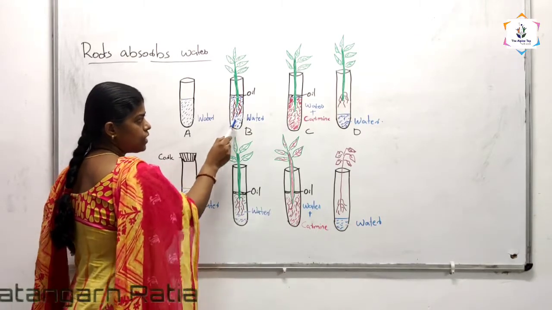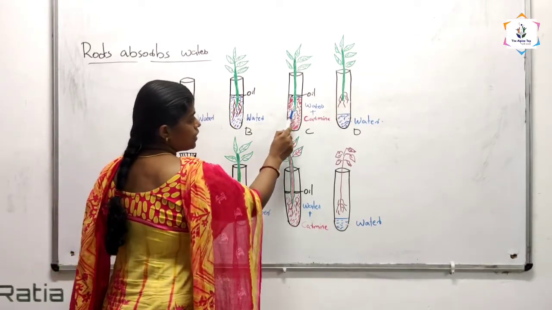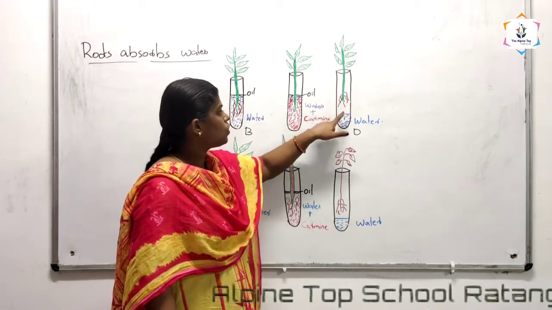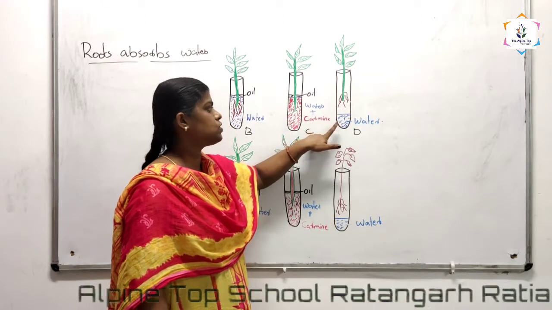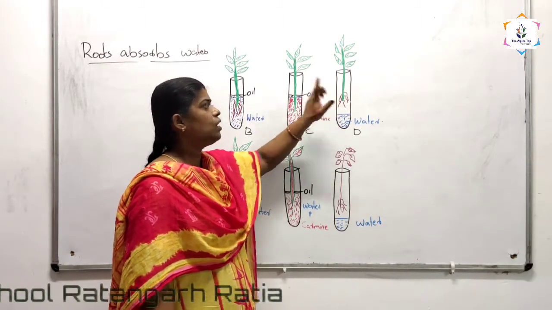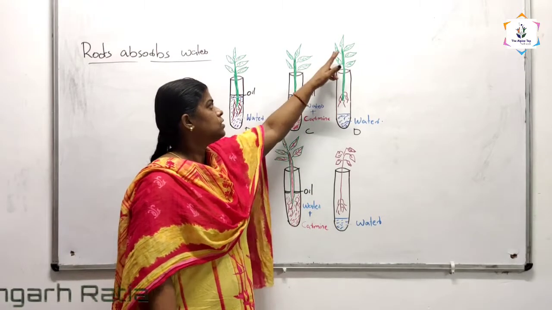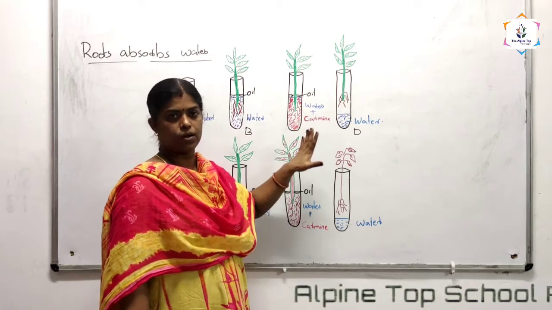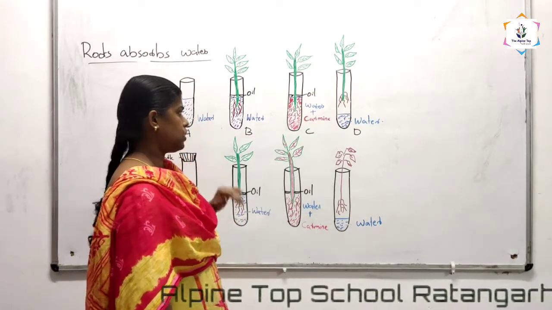Here also the roots are inside the water, but in the case of D the roots are not touching the water. There is a gap between the water level and the roots, meaning this plant has no contact with the water. So this is the condition.